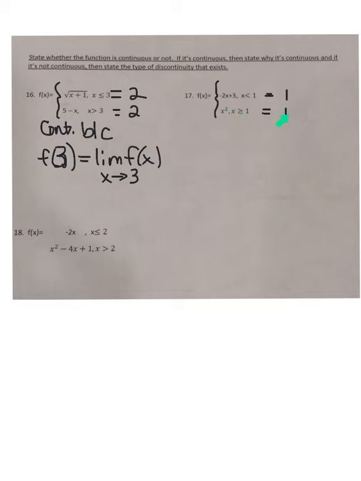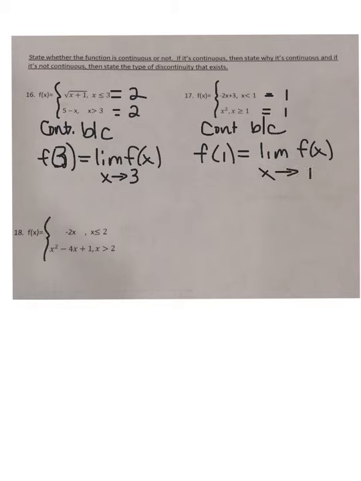And it's also 1. So we can pretty much mimic exactly what we have in number 16, just change the numbers. So we have, this is continuous because f of 1 is equal to the limit of the function as x approaches 1.